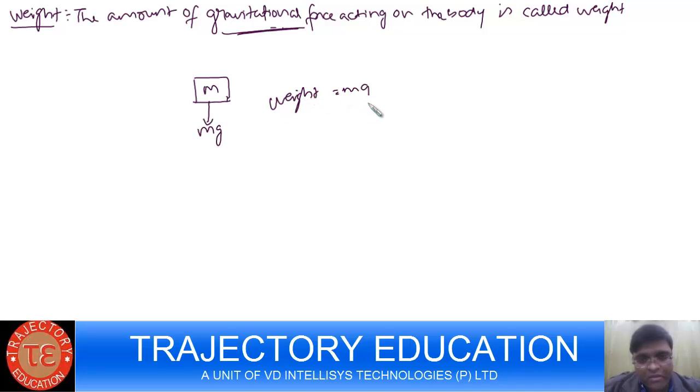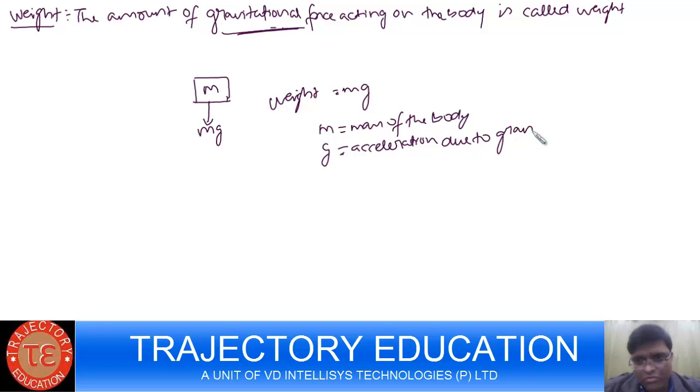This g is 9.8 meter per second square on Earth, or approximately 10 meter per second square. So if it is 10 kg, 10 into 9.8, that is 98 Newton.